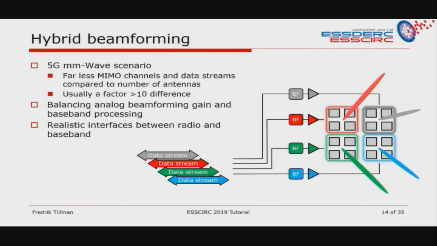Then down the road, maybe we can think of pure digital beamforming systems, but then we need to solve the interface problems. Maybe we need to introduce optics closer to the radios. We need to handle the bit rates more efficiently. But these kind of systems are typically what you will find as the first batch of products coming out.